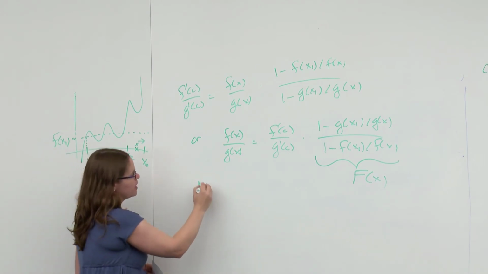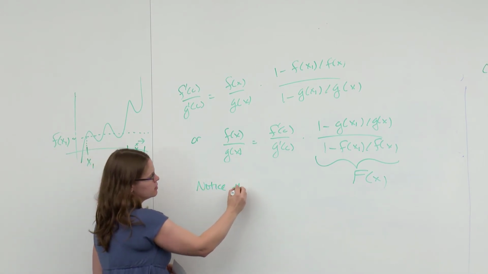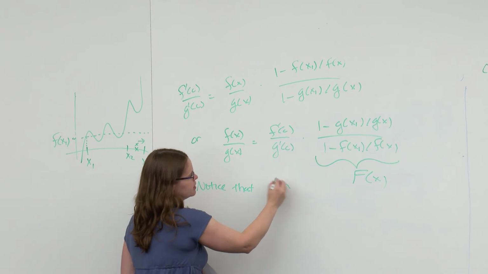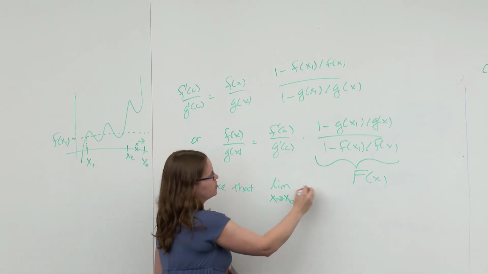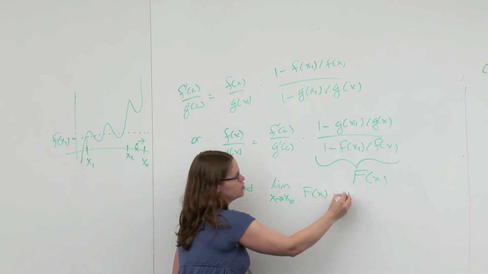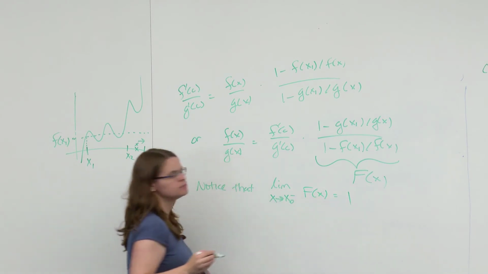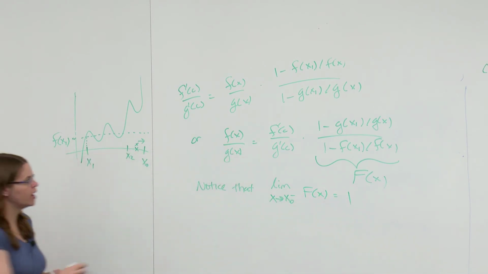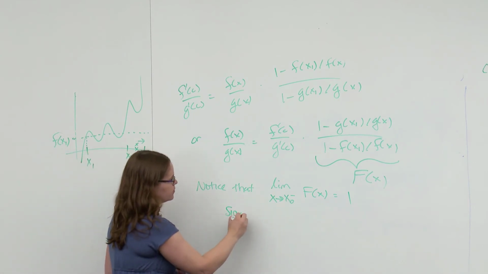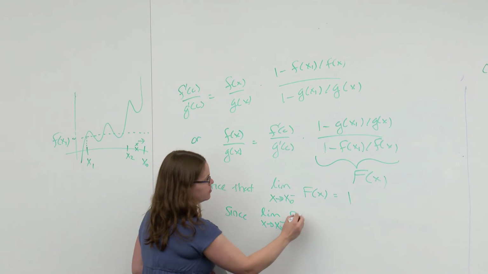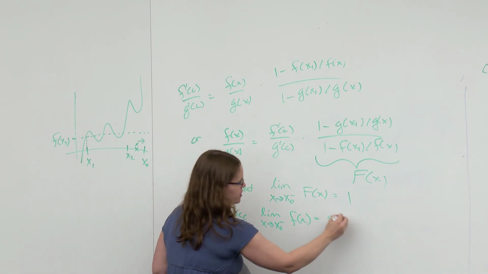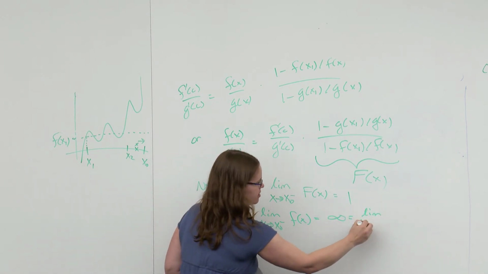So we can notice that the limit as x goes to x naught of capital F of x is equal to 1. And that works since the limit as x goes to x naught of f of x is infinity, and same for g of x.